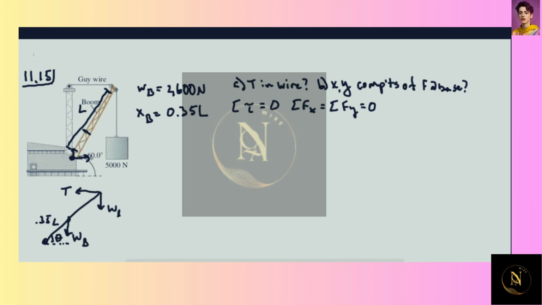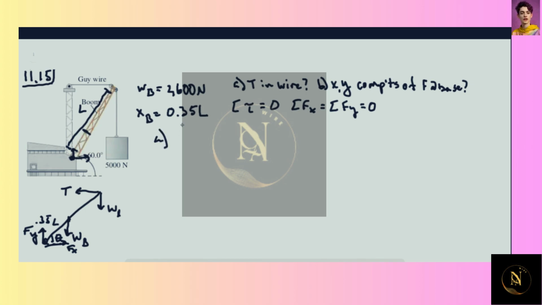We have an angle theta here that we know is 60 degrees. And then there are the X and Y components of the force we're interested in for part B.